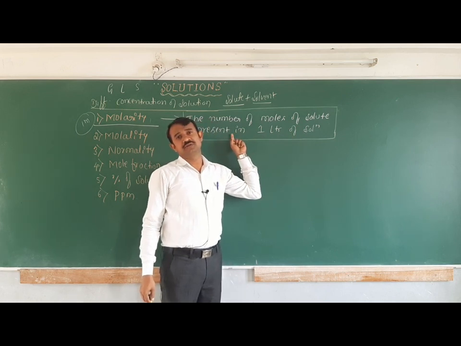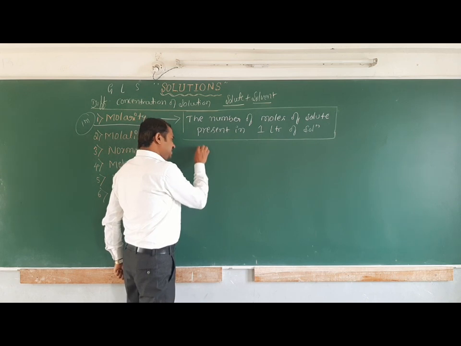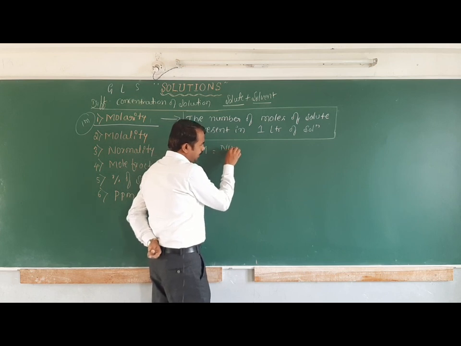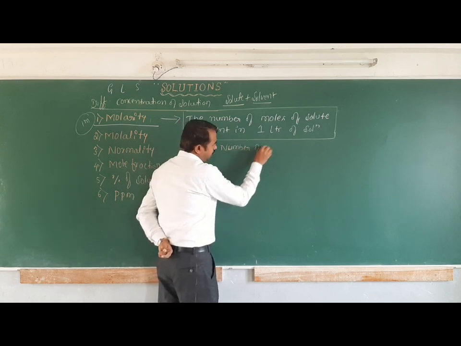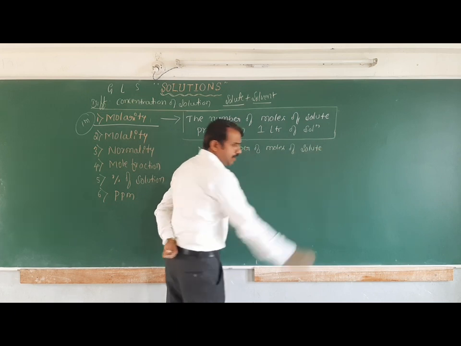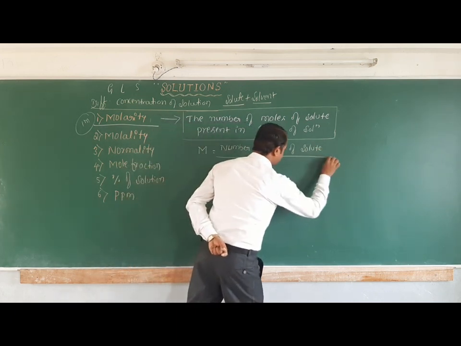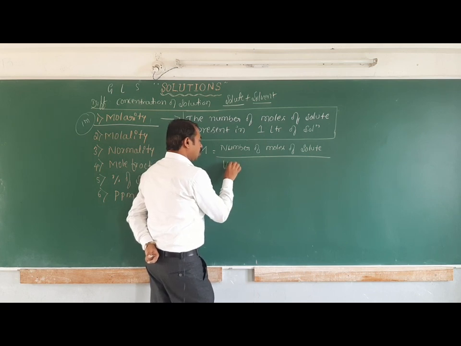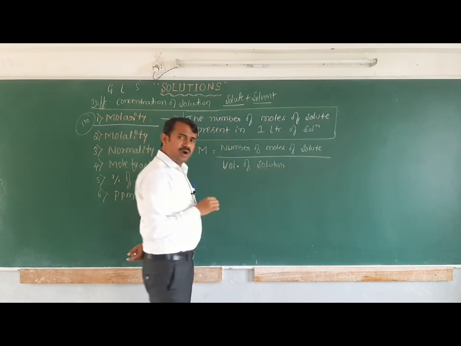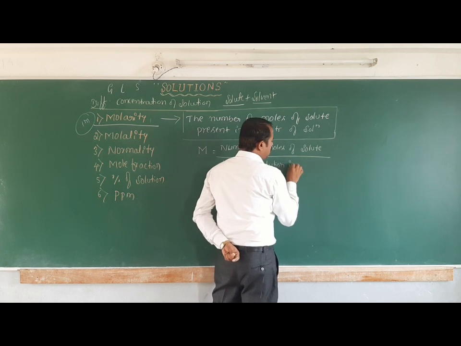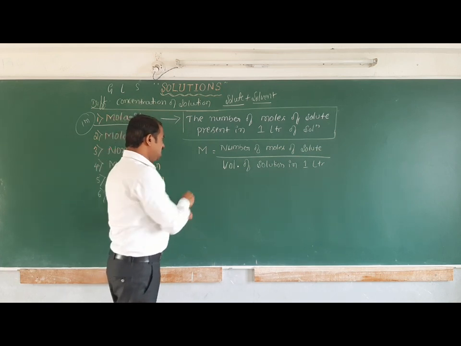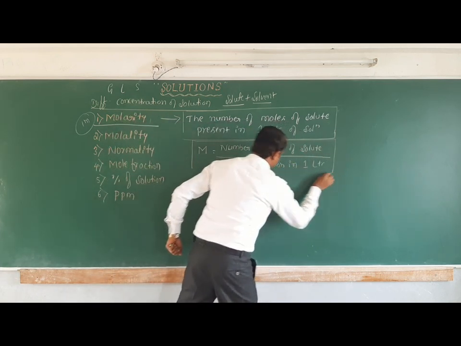The number of moles of solute present in 1 liter of the solution is called molarity. The molarity symbol is M, equals the number of moles of solute divided by the volume of solution in 1 liter.